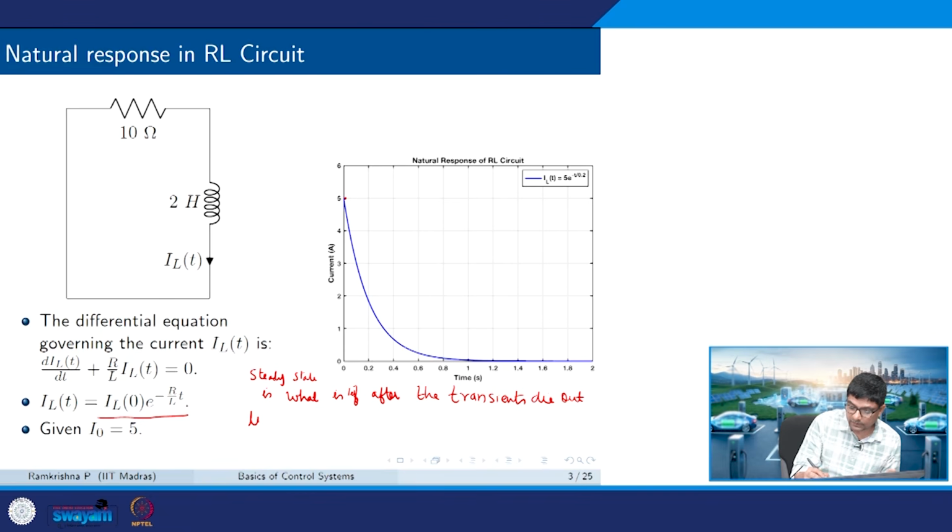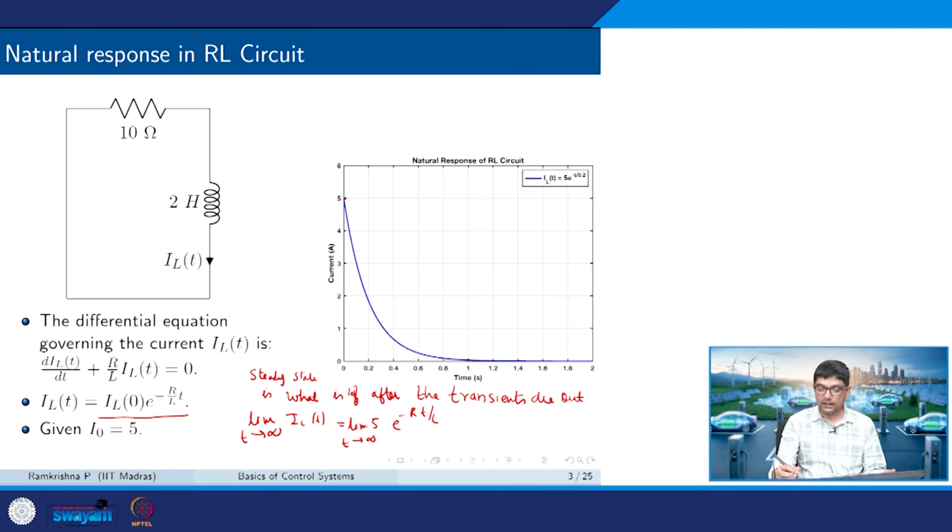Mathematically, I will say what is the limit as t going to infinity of I L of t. In this case, this would be I L 0, which is 5 e power minus R t by L, all this as limit t goes to infinity, right. And I know that e power minus infinity tends to 0, so this will be 0. So, steady state here is 0, that is what the picture also says, yeah, this is 0, right.